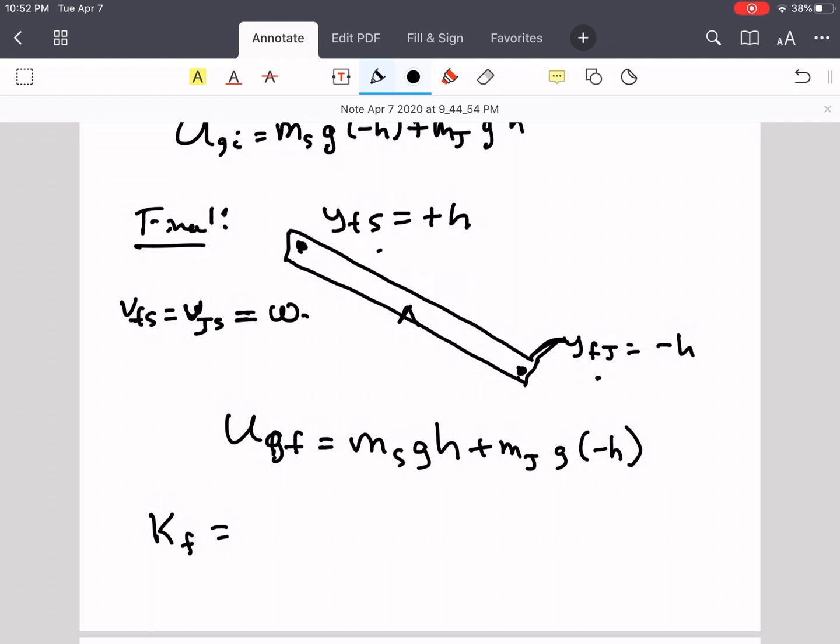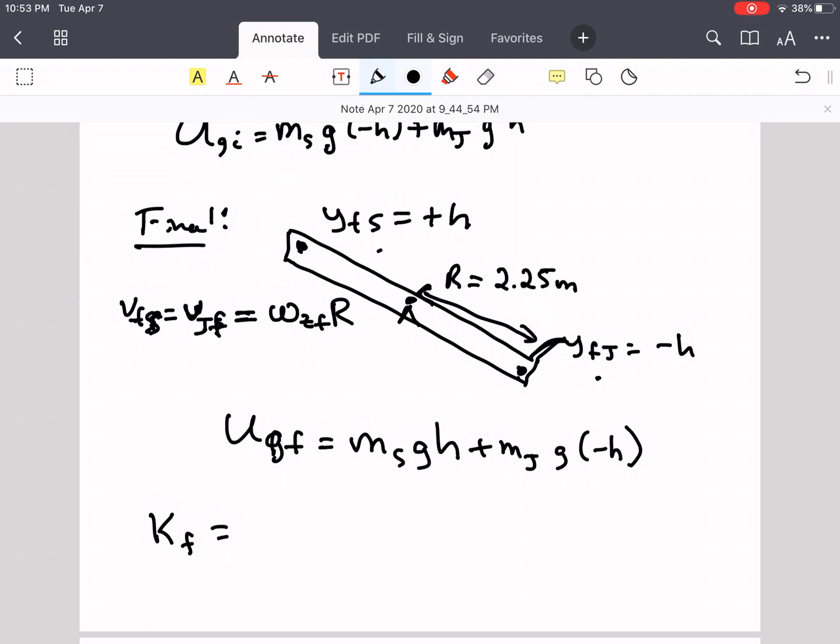So we have omega z, v final student, v final Juan, is omega z times r, where r is the radius between this pivot and the endpoint. R in this case is given in the problem as, let me double check, 4.5 meters is the length. So the radius here is L over 2, 2.25 meters.